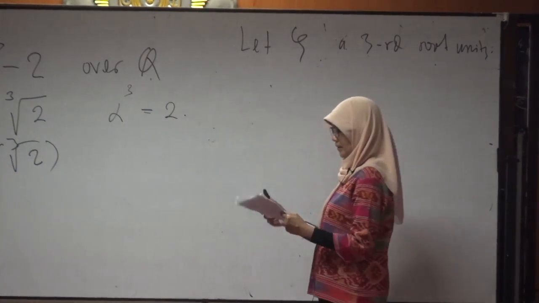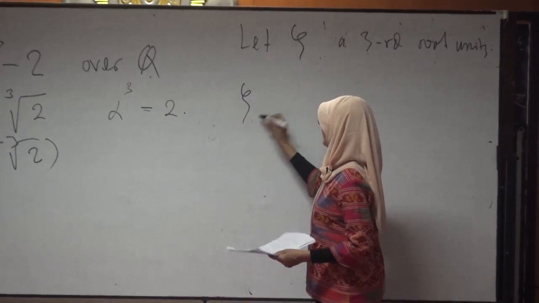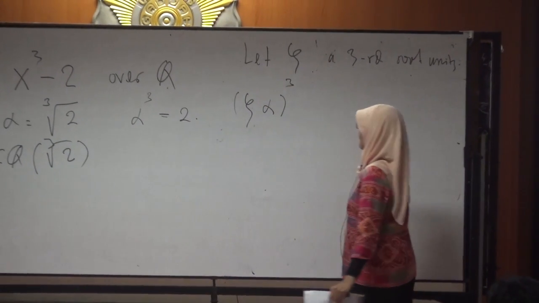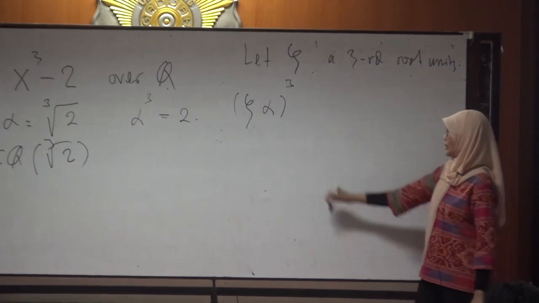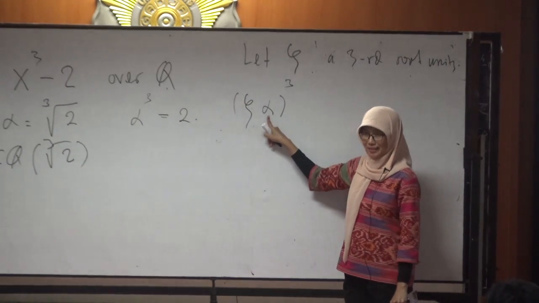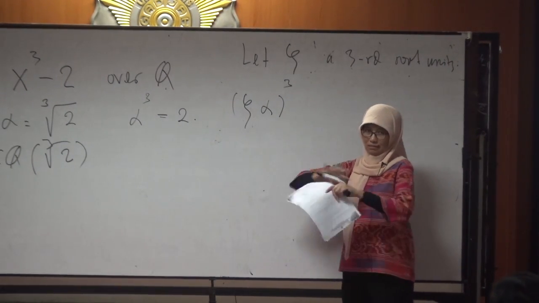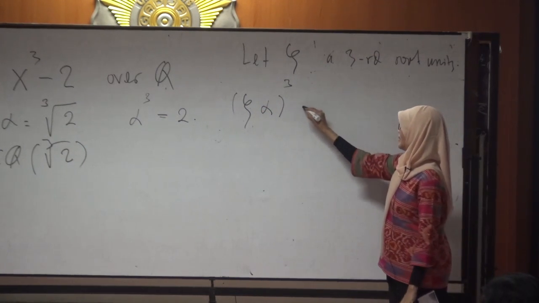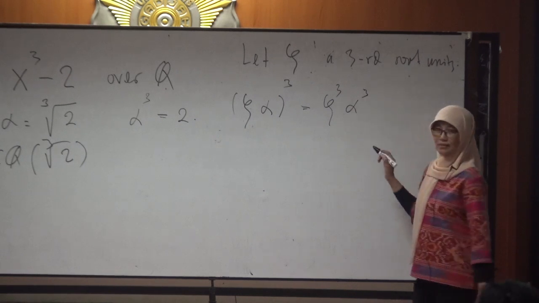Now what happens if we multiply this zeta with alpha power 3? This is a multiplication. Both of them are numbers, complex numbers. This is real and this is complex, but generally they are complex numbers. So we have this one, right?